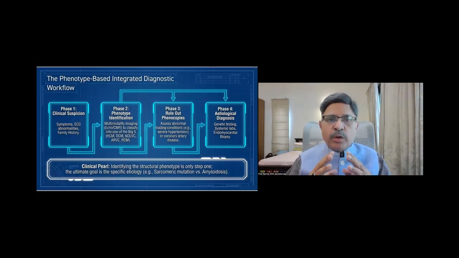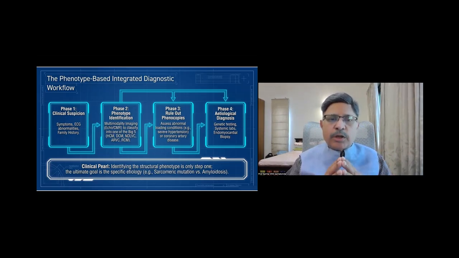Now, the phenotype-based integrated diagnostic workflow. What will I do? The first step is clinical suspicion: symptoms, ECG abnormalities, family history. That should lead to the phenotypic identification. First, clinical suspicion of cardiomyopathy.